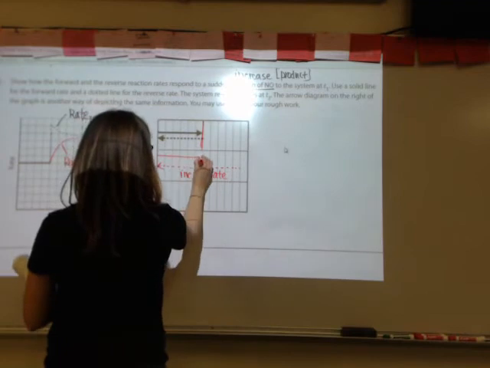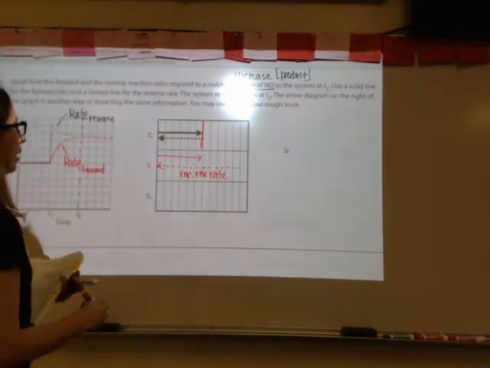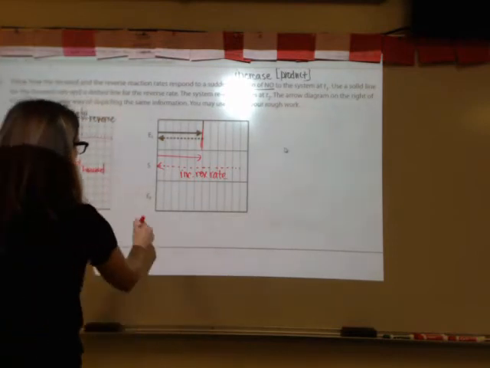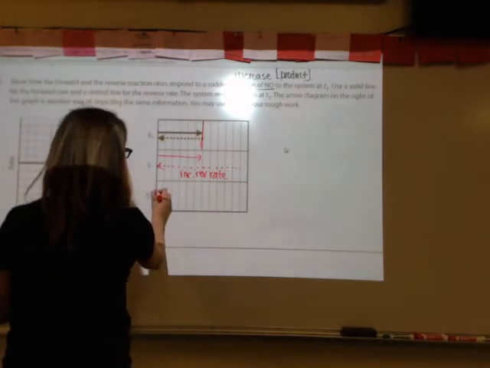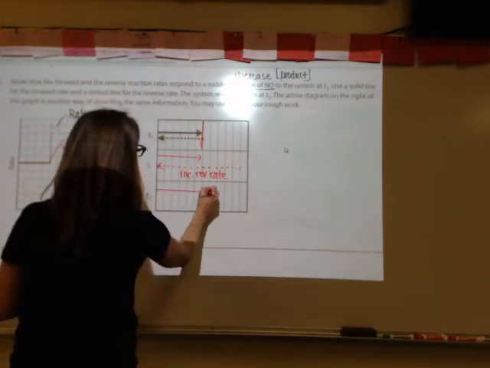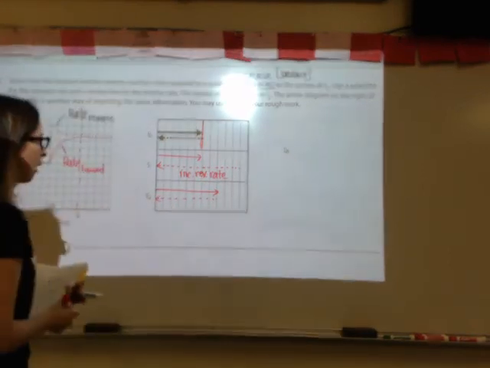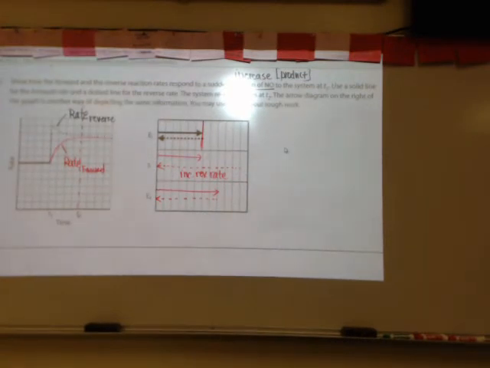And my forward rate stayed the same. Anytime you increase the concentration of a reactant or product, your final equilibrium arrows for the forward and the reverse rates are going to be a little bit larger than they were initially. So here we are showing them increasing, and they're both the same at the final equilibrium.